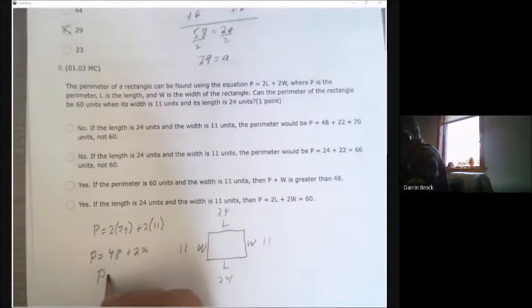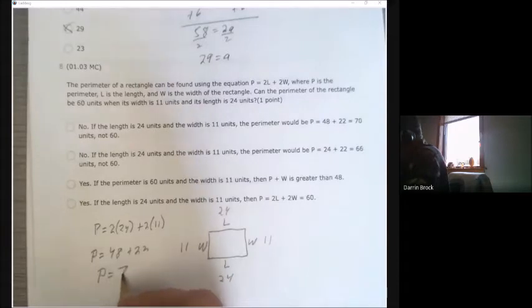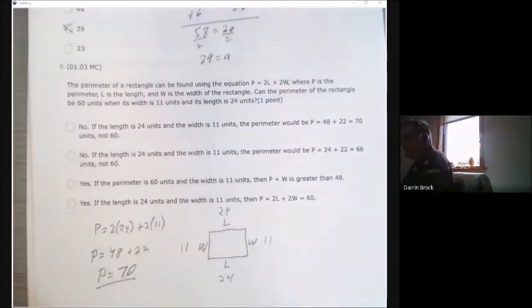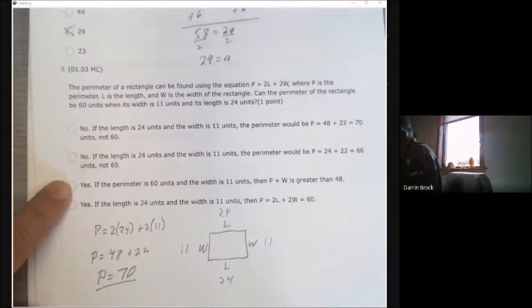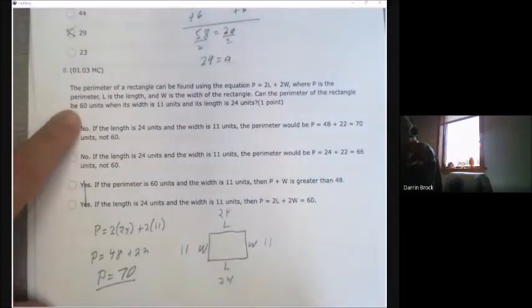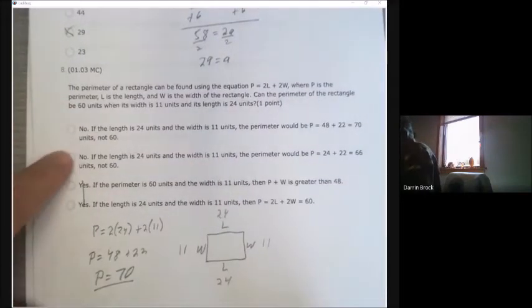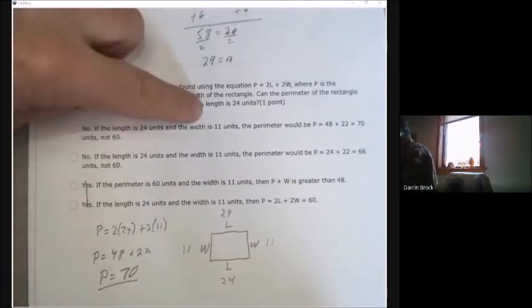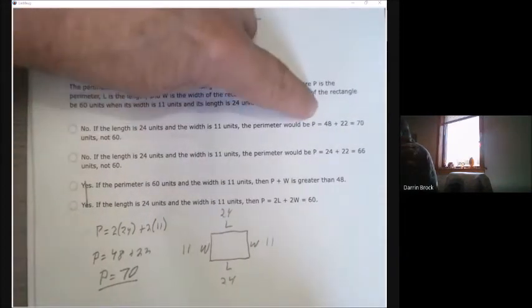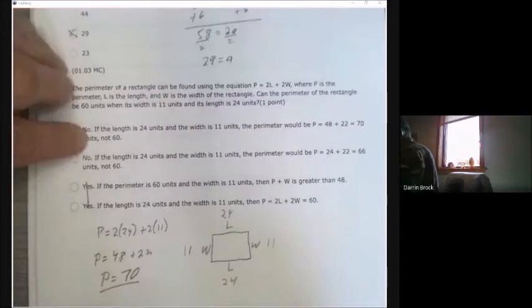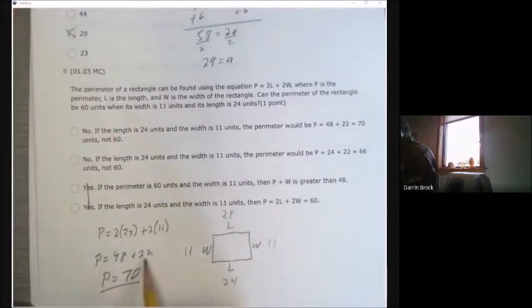So the perimeter, 48 plus 22, is 70. So these two can't be right. They're saying, yes, it can be 60. So it has to be one of these. No, if the length is 24 and the width is 11, the perimeter would be P equals 48 plus 22 equals 70, not 60. So this one looks right.